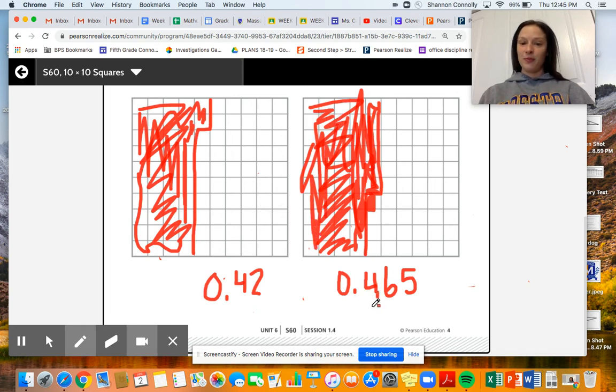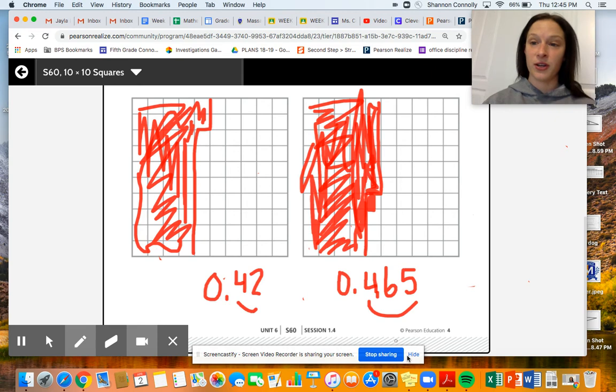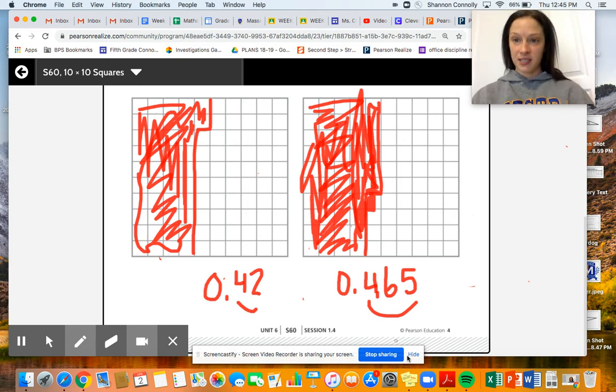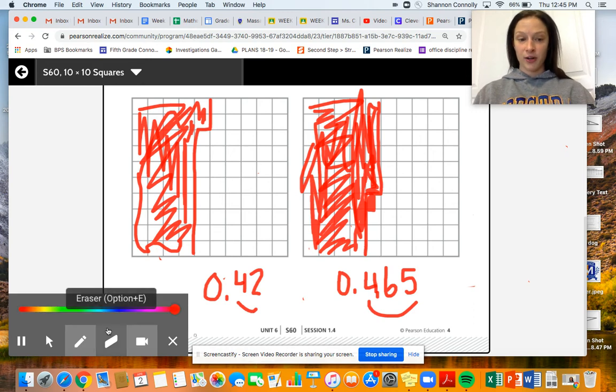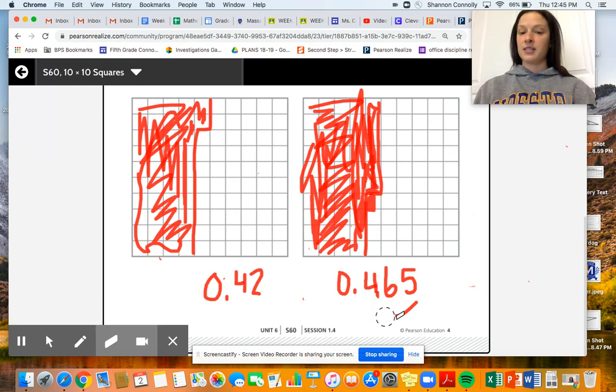Some people might have been thinking, well, 465 is greater than 42, but we saw in the last comparison that that doesn't exactly work. So we look at our representation and we see 465,000ths is definitely greater than 42 hundredths. So let's talk about our other strategies though.